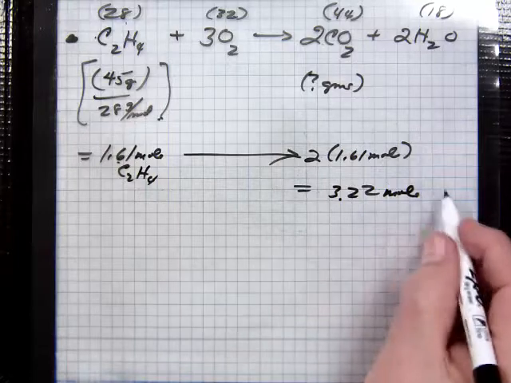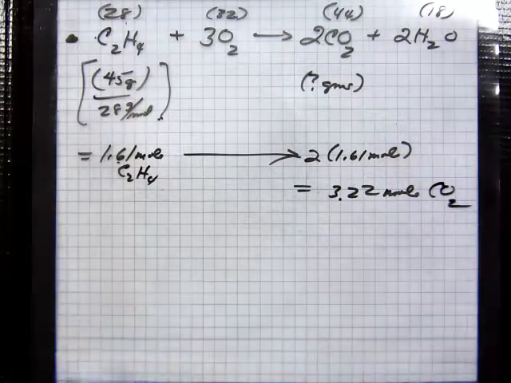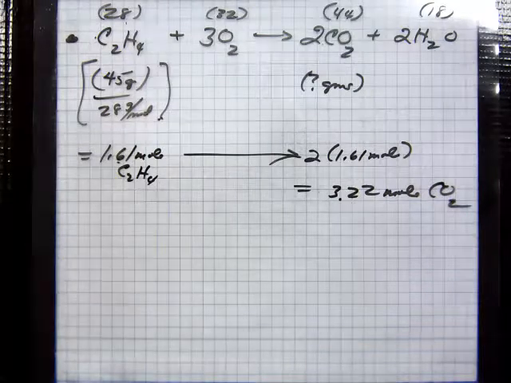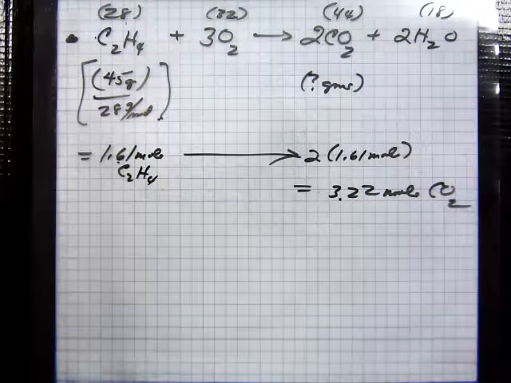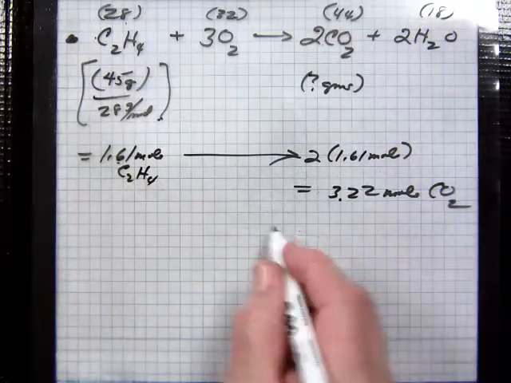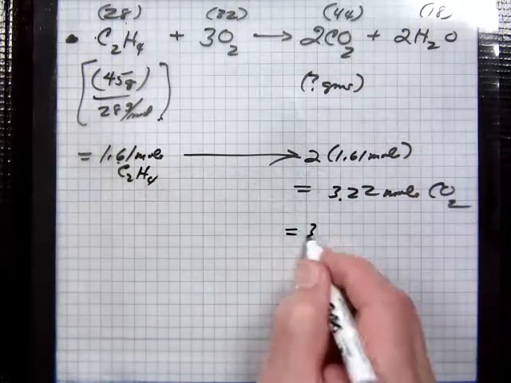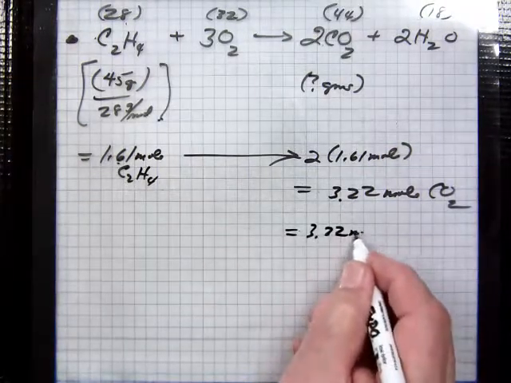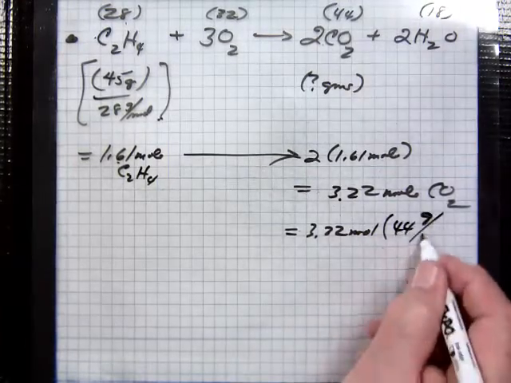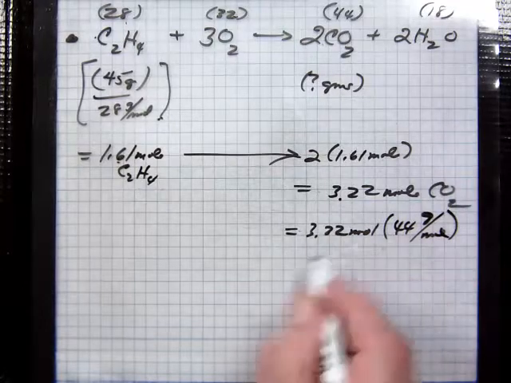Mole of CO2 produced. Now I need to go from moles to grams. What do you do? Multiply by formula weight, right? So this would be equal to 3.22 mole times 44 grams per mole. Moles drop out.